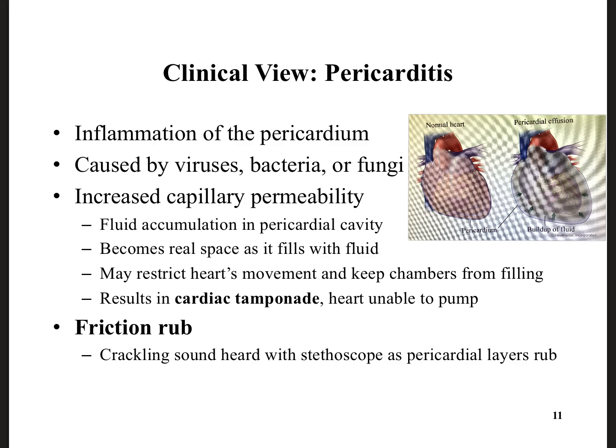So the capillaries become leaky. When they become leaky, that means more fluid is going to come out of those blood vessels and accumulate around the heart. Too much fluid around the heart means the heart can't relax completely because of the pressure around it, okay? And it can't fill with blood adequately.